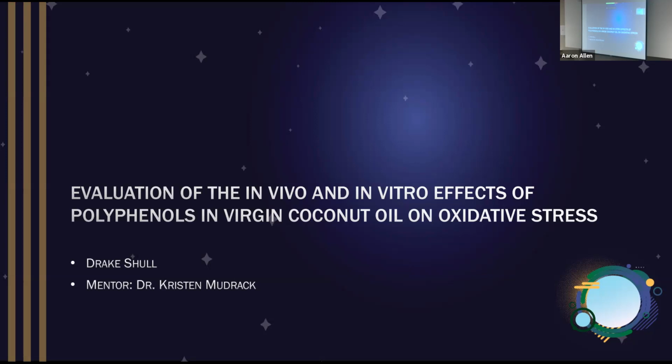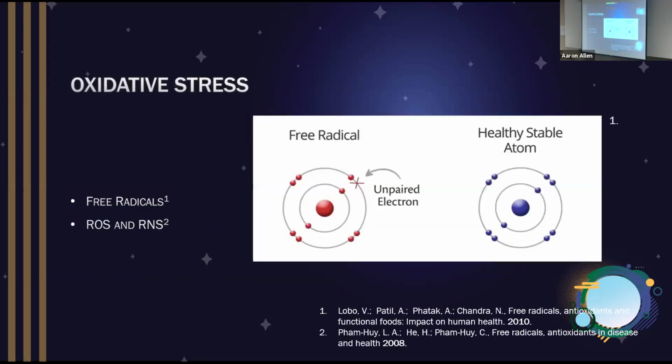Before we get into the results, we need to know what oxidative stress actually is. Oxidative stress occurs in your body due to the buildup of free radicals. In all biochemical, chemical, and biological reactions, there is an equal sharing of electrons between molecules to form the compounds that make up life.